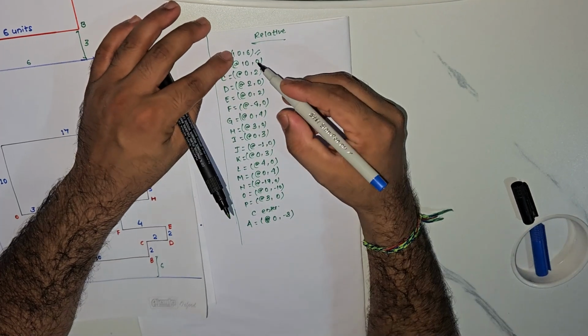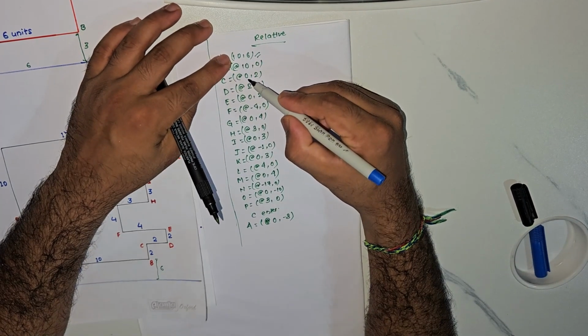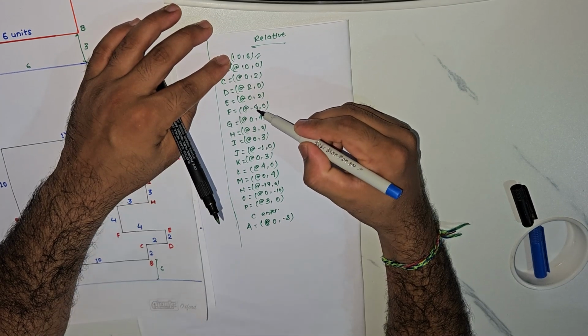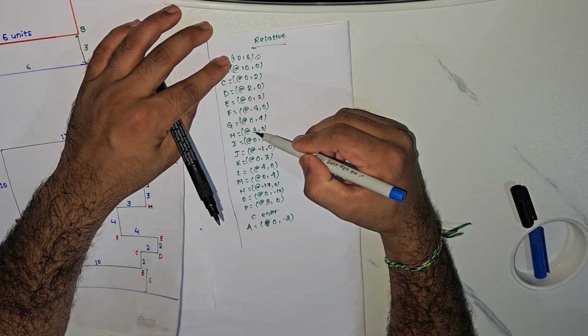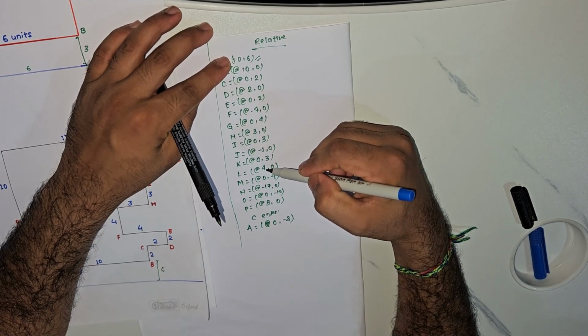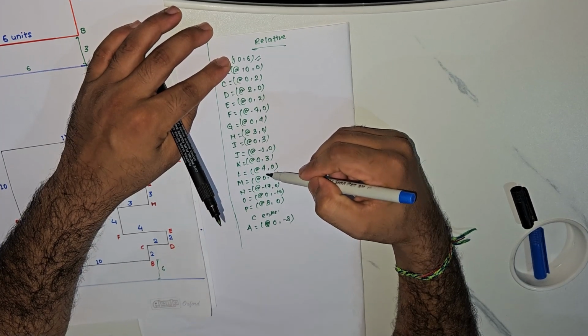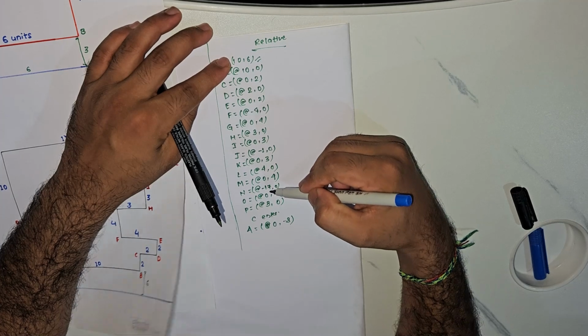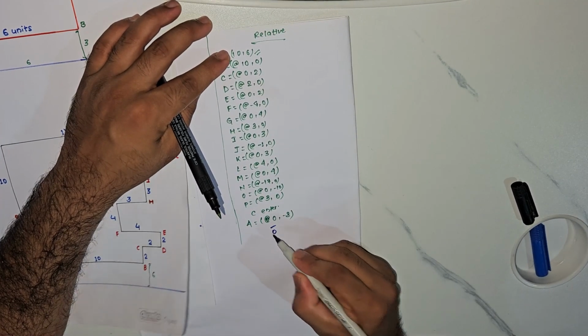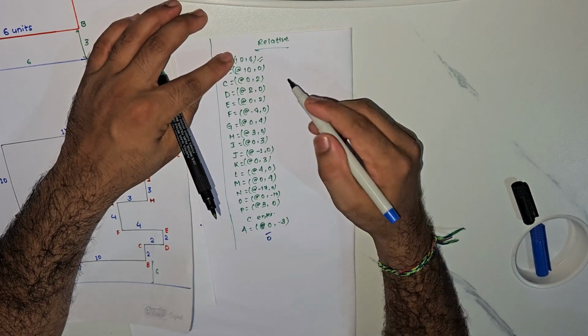Let us now check here. 10 plus 0 is 10, plus 2 is 12, again plus 0 is 12, 12 minus 4 is 8, 8 plus 3 is 11, 11 minus 1 is 10, 10 plus 4 is 14, 14 minus 17 is minus 3, and minus 3 plus 3 is 0, 0 plus 0 is 0, so the x coordinate comes to be 0. It is correct.